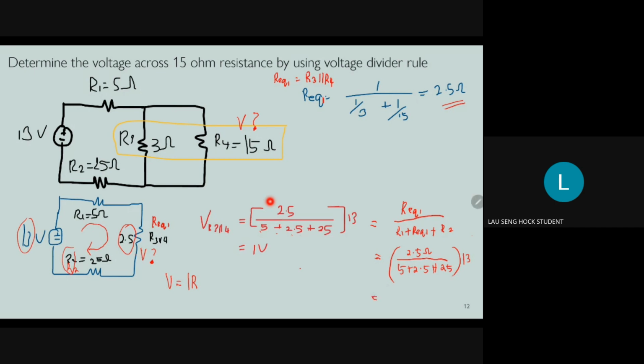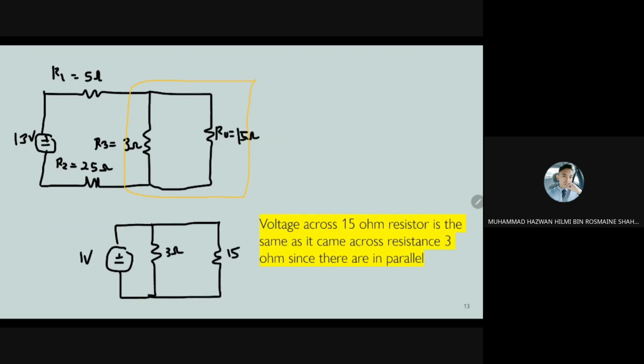Can you calculate? How many volt? 1, madam. Okay, 1 volt. So the voltage across R equivalent 1 is 1 volt.